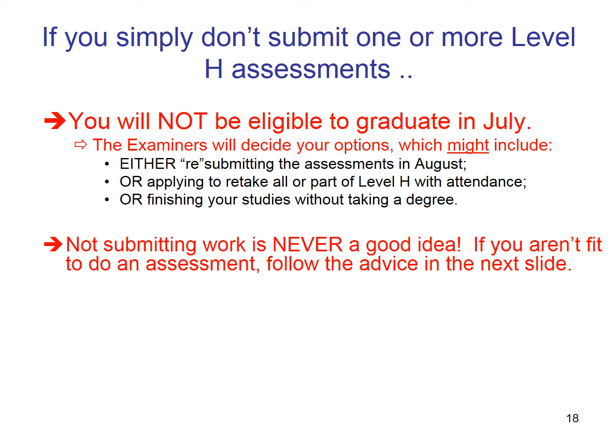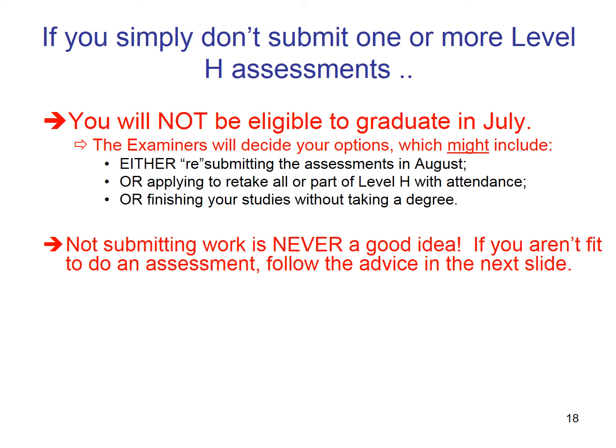So, what if you simply don't submit one or more assessments of level H? Well, if you don't submit one or more assessments, you will not be eligible to graduate in July. The examiners will consider your options, which might include resubmitting assessments in August, but this would only be possible if your aggregate marks were 25 or higher.